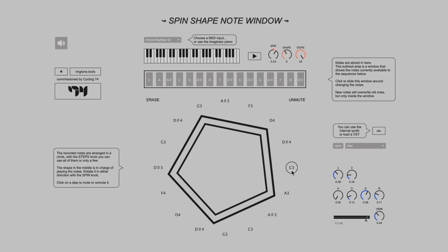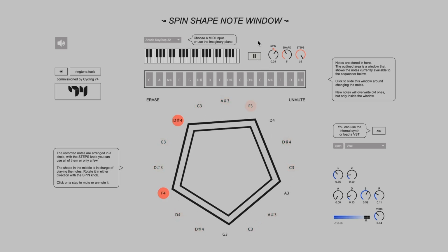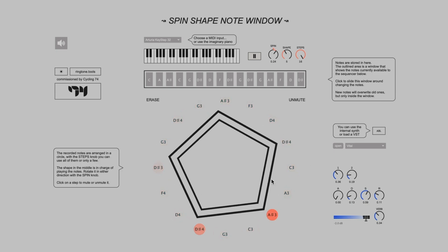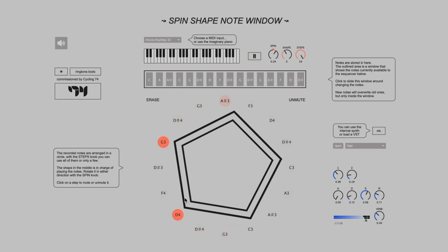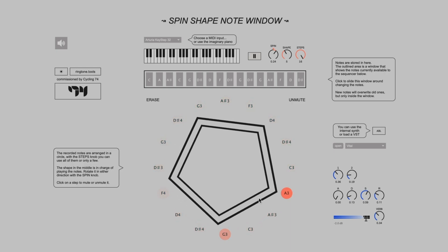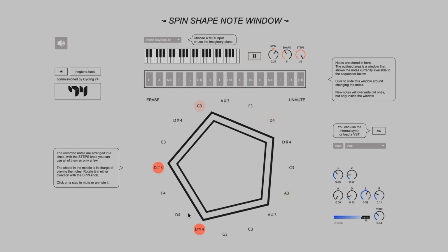So there's a sequence, and then in this case, you're traveling through a 16-step sequence at 5 different points, all moving together at the same speed.